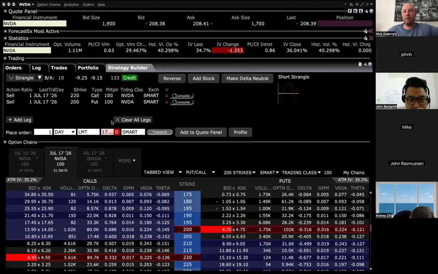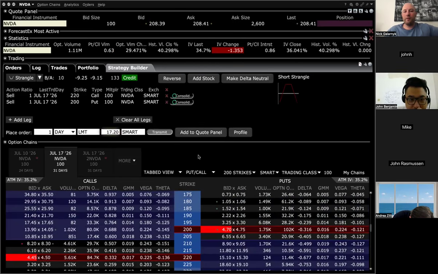Credit received here is not 17, it's roughly $10, or $9 roughly. So you're pulling in a $9 credit overall. Essentially, if NVIDIA stays between 200 and 220, your cost basis drops from 208 down to about 199 on the shares that you own.